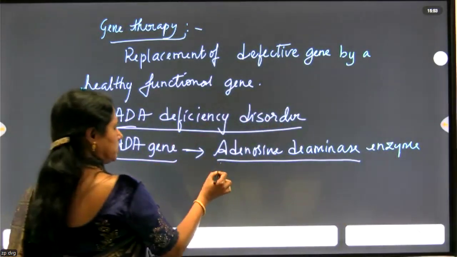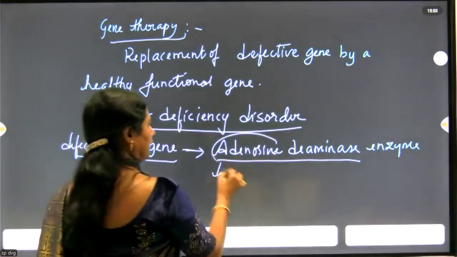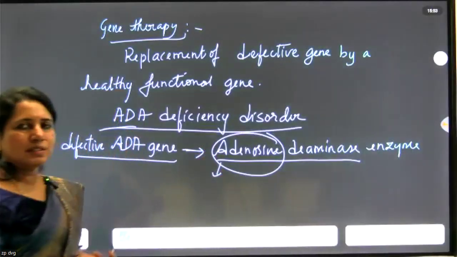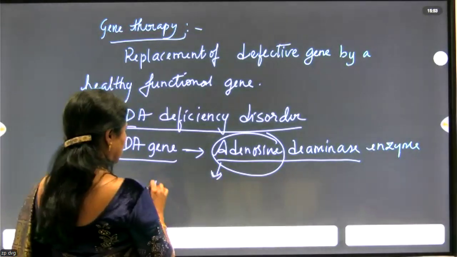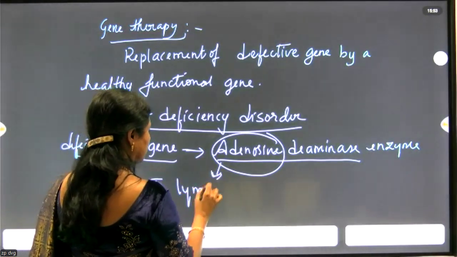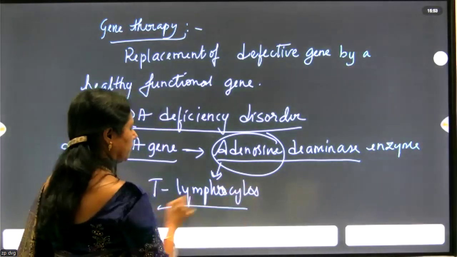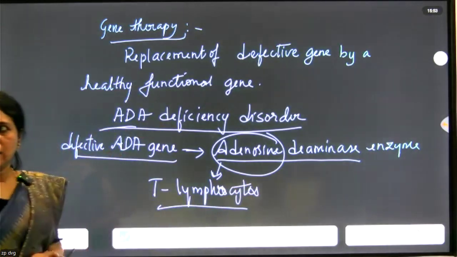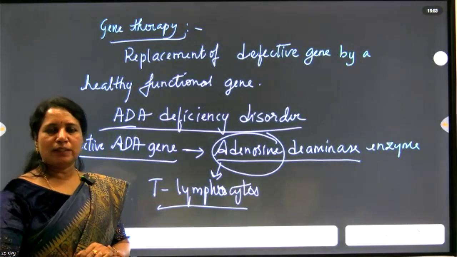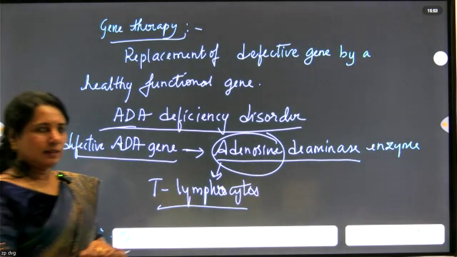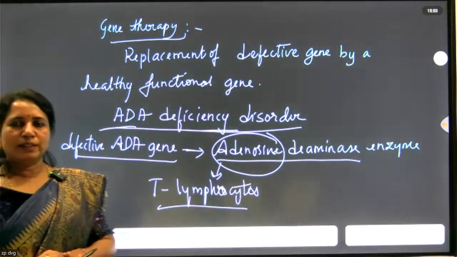Because adenosine deaminase is absent, adenosine is not metabolized properly. This affects the production of T lymphocytes. That is why the patient suffers from immune deficiency.